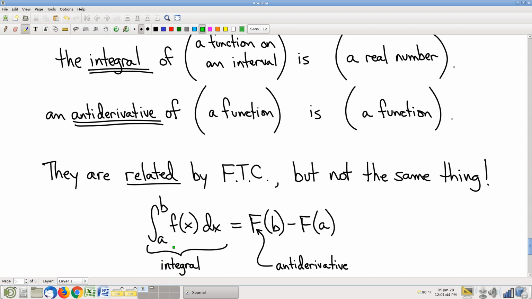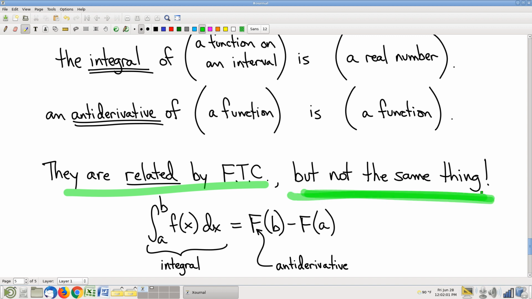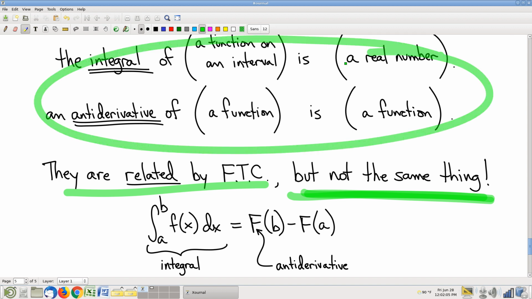On the right we have a formula that involves evaluating certain values of this function called the antiderivative. This is a very strong connection between integrals and antiderivatives. That does not mean that they're the same thing. They are clearly different things.